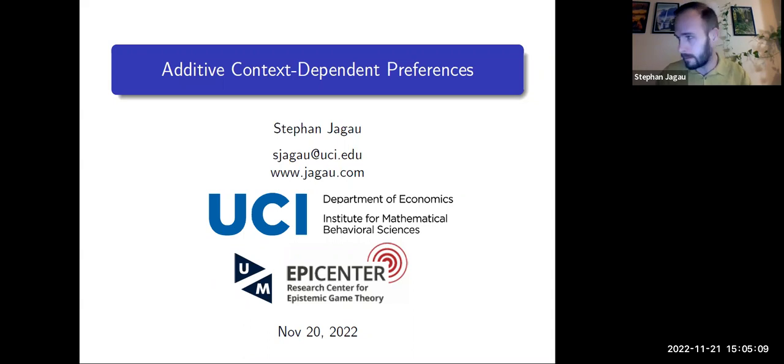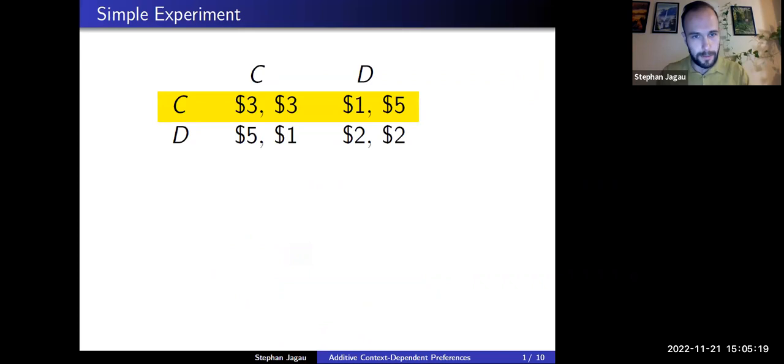This is going to be framed in a game theory way, but these preferences have other applications. So I'll say a little bit about that at the end too. But let's start with the game theoretic motivation. Now, if you do game theory experiments, an archetypical thing that you would encounter in experiments is something like that.